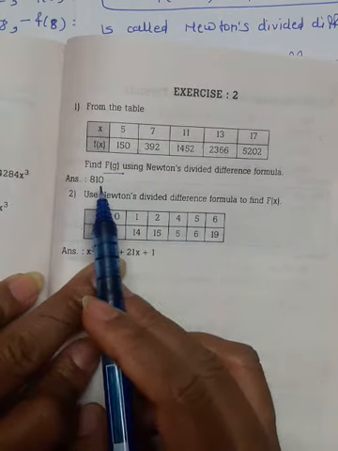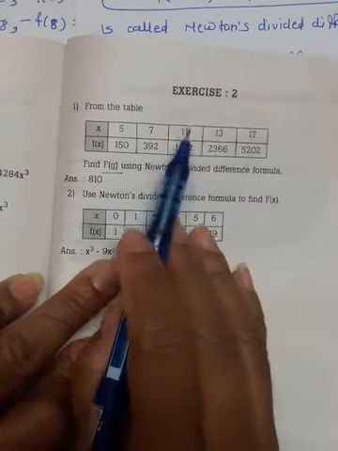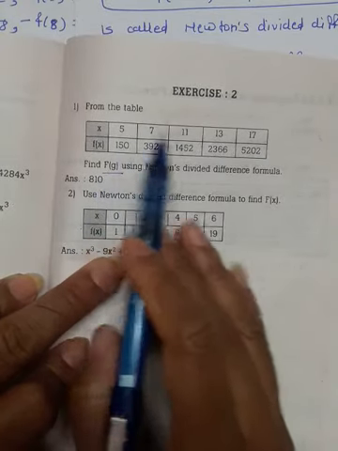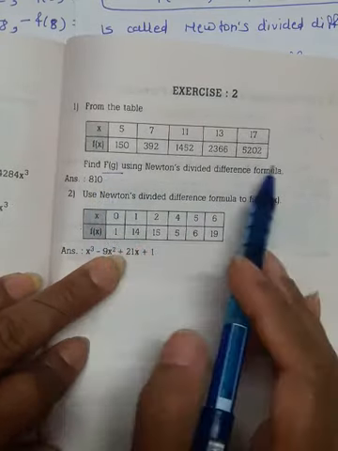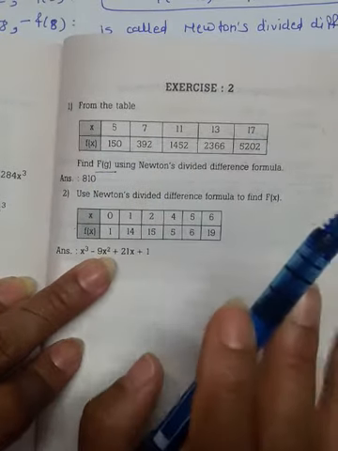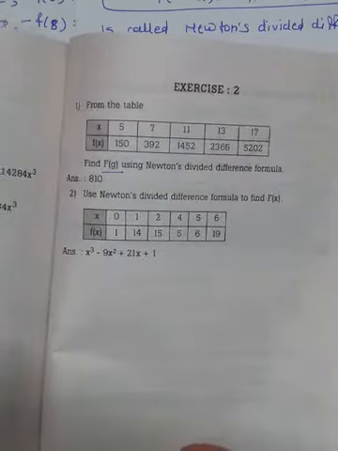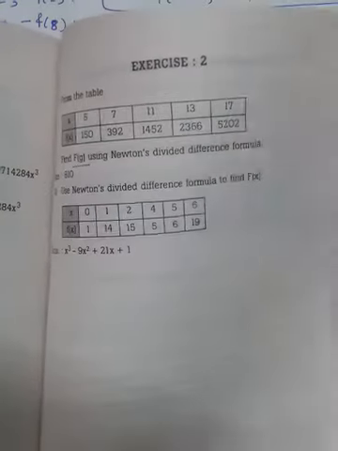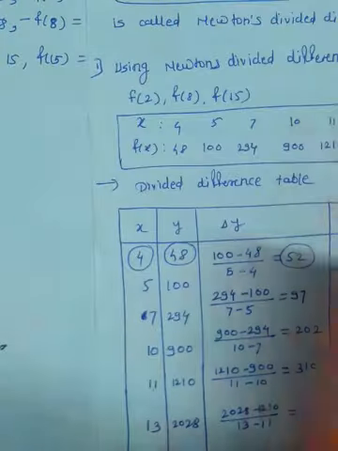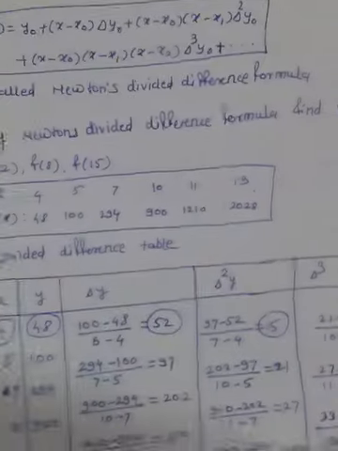Answer is 810. First you have to calculate the polynomial, then put x equal to 9, you get the answer. Okay, these are x values, 5, 7, 11, 13, 17, and these are y values. Okay, this is called Newton divided difference interpolation. Now we'll see the next point in the next lecture.